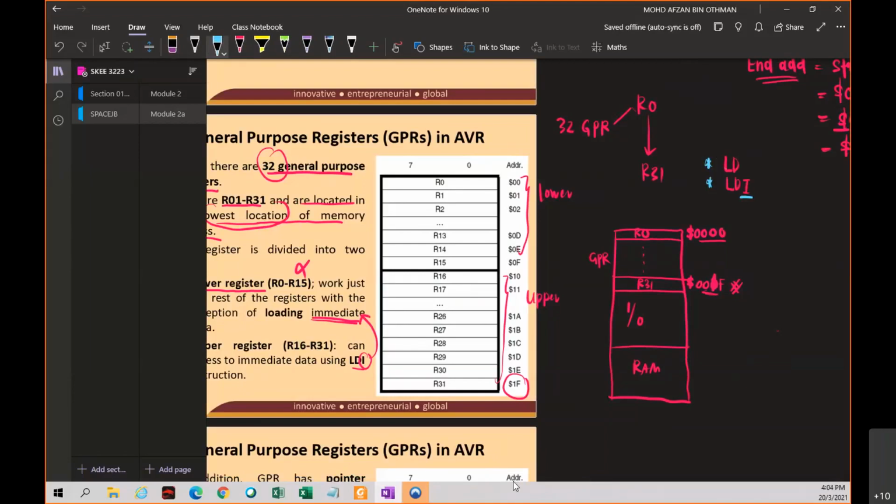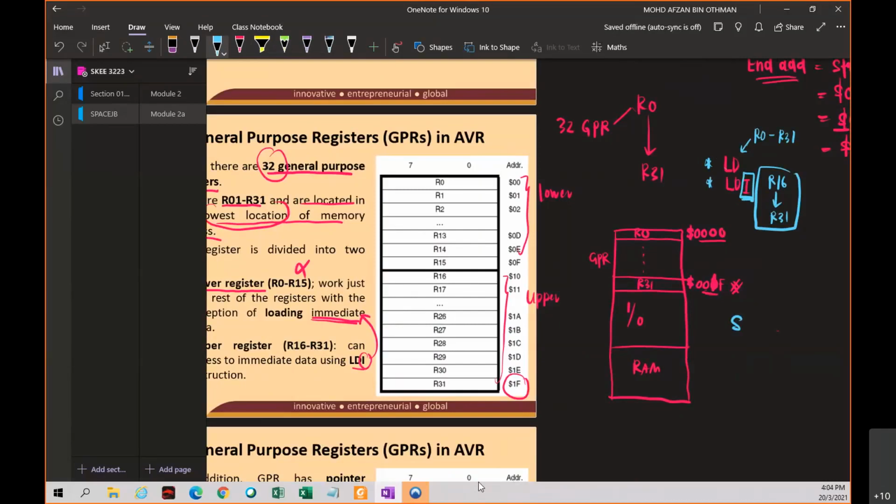So every time you see an instruction that ends dengan I kat belakang ni, you know that you're going to use R16 sampai R31. Kalau instruction tak ada I kat belakang dia, kamu boleh pakai daripada R0 sampailah R31. Only the instruction that ends with I, you are definitely going to need to use R16 sampai R31.